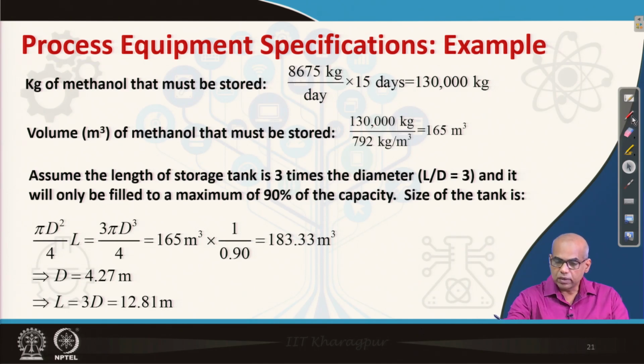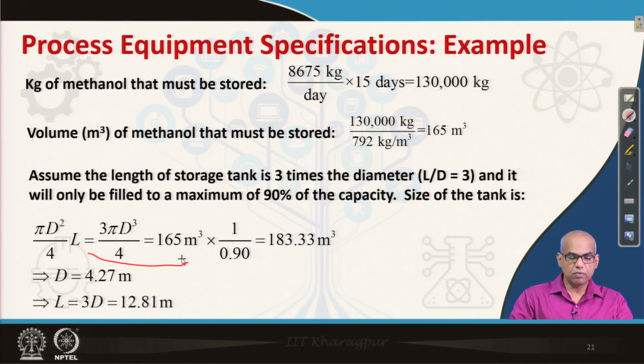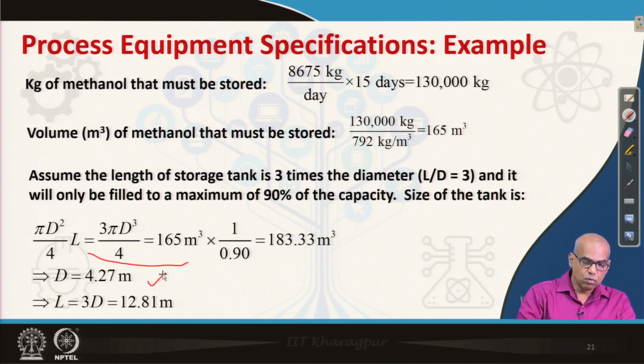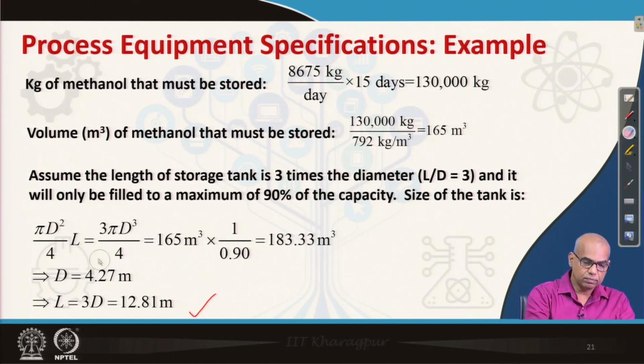This quantity will be equated to 165 by 0.90. So, the diameter of the tank can be obtained as 4.27 meter and L can be obtained as 3 times of it, which is 12.81 meter. So, this is how you can size the tank.